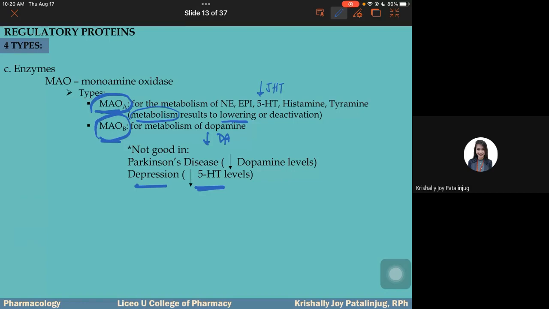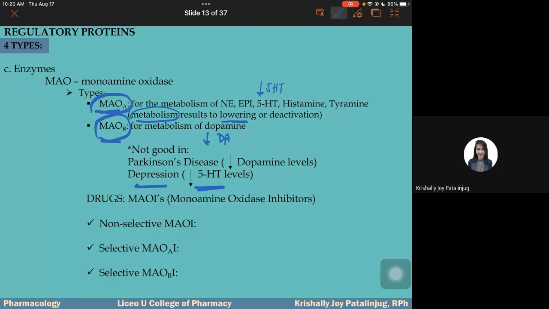So we have the following drugs that could inhibit monoamine oxidase, and there are two general types based on selectivity. We have the non-selective and then the selective. Non-selective MAO-Is, they could inhibit both subtypes MAO-A and MAO-B.